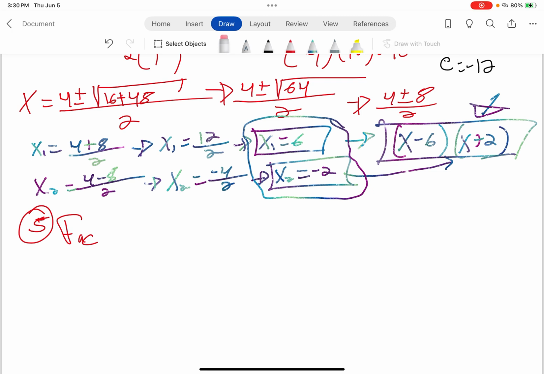Factoring the difference of two squares.